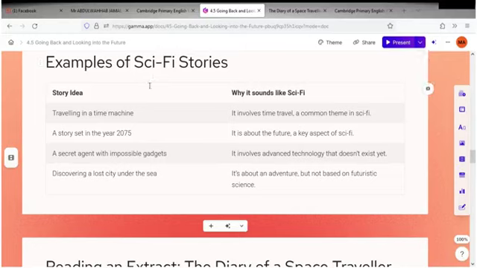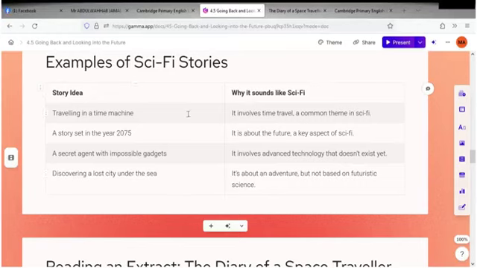if you want to write examples of science fiction stories, you might have some story ideas like traveling in a time machine, a story set in the year 2075 or 2050, a secret agent with impossible gadgets, discovering a lost city under the sea. What sounds like sci-fi?